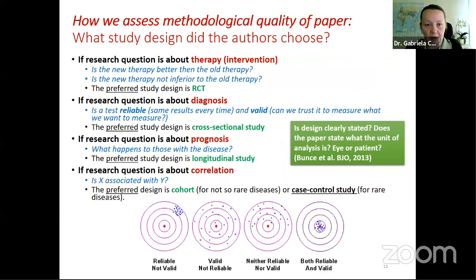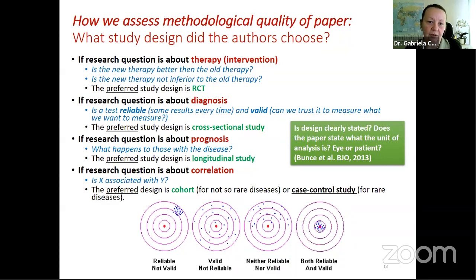So when we want to assess or read a paper, we also need to think about whether they used the right design, and whether we understand what the design is. If the research question of the paper is about therapy, typically this is done using a randomized controlled trial, so this is the preferred study design.